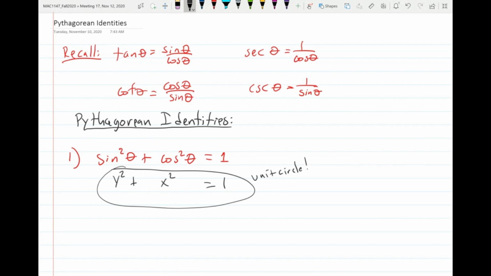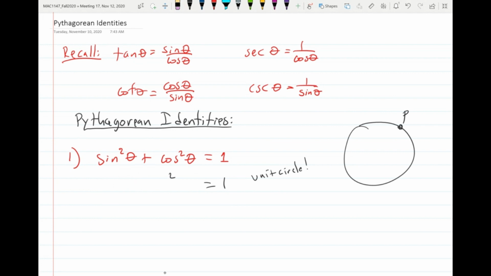Of course every point on the unit circle satisfies this equation. So the coordinates of the point, which is x comma y, which translates into cosine comma sine, will satisfy that equation as well. Okay, so that was the reasoning, and we already discussed this earlier. Okay, so this is what we know.